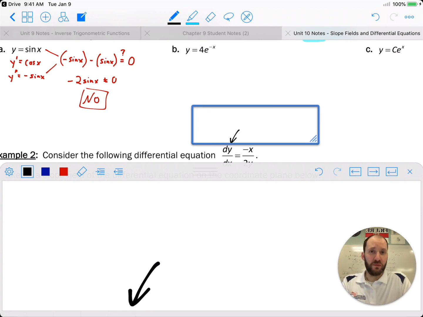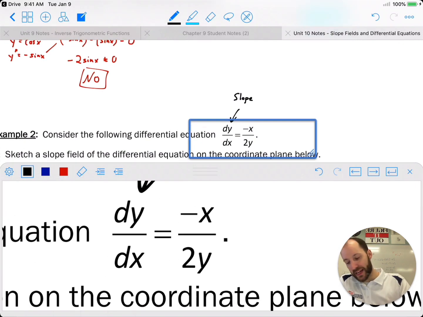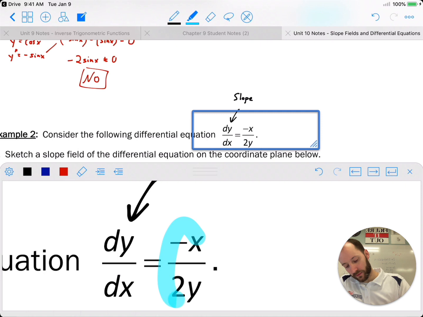But it's important to remember, dy dx is a derivative. When you think derivative, think slope. So at any x or y value, the slope will be given by negative x over 2y.